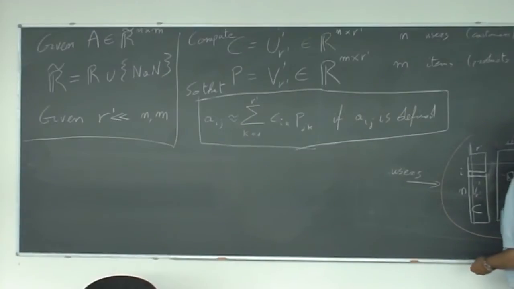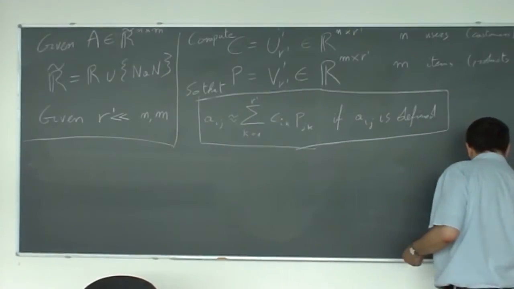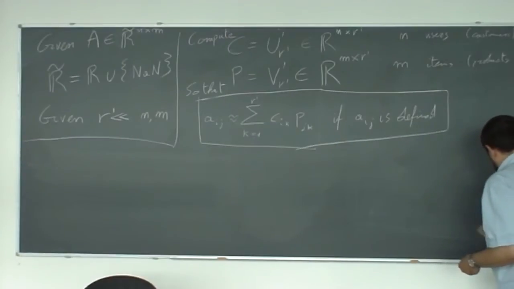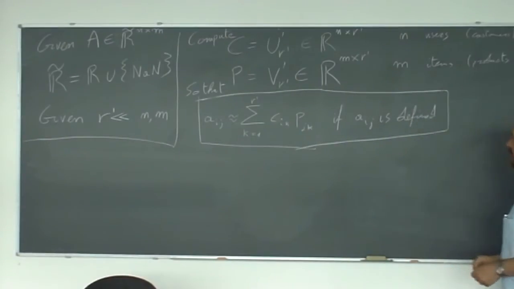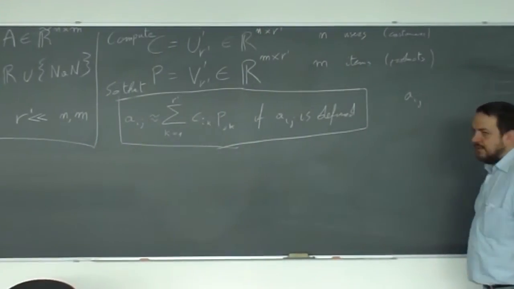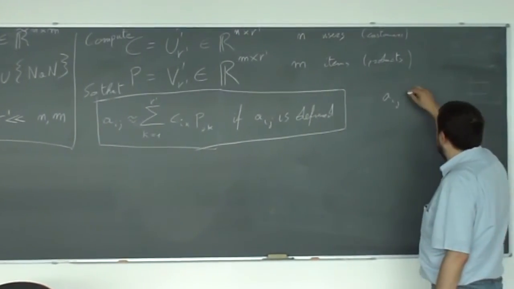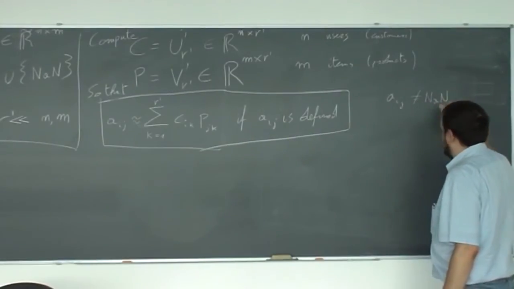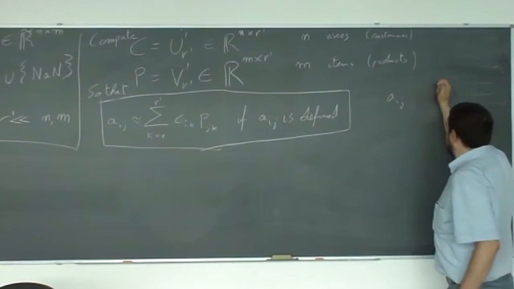Well, the idea can be this. Okay, suppose that Aij in the matrix is known, so it's not a question mark. It's a number. Okay, let's write it.